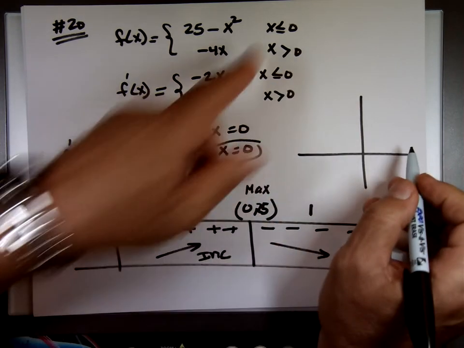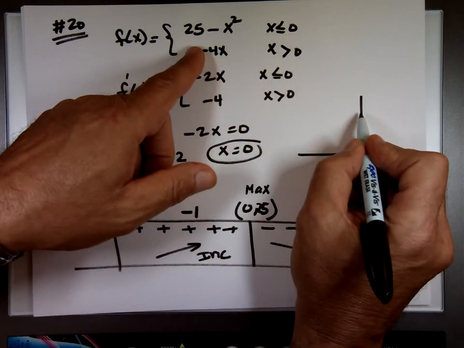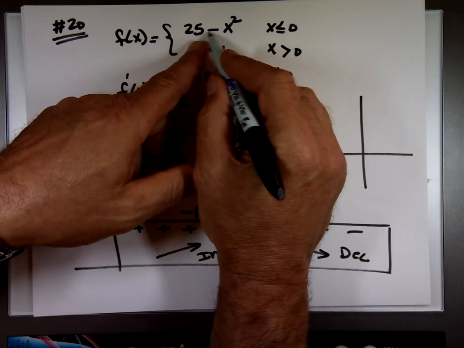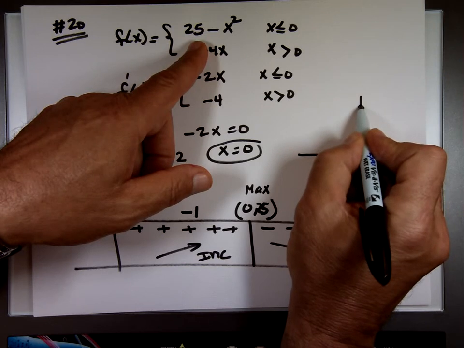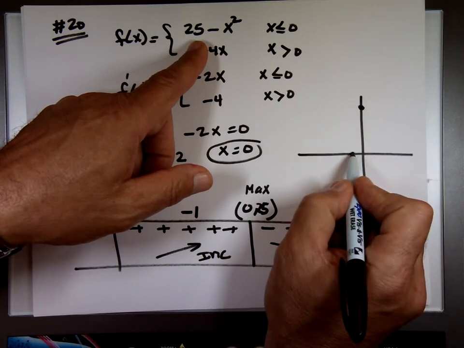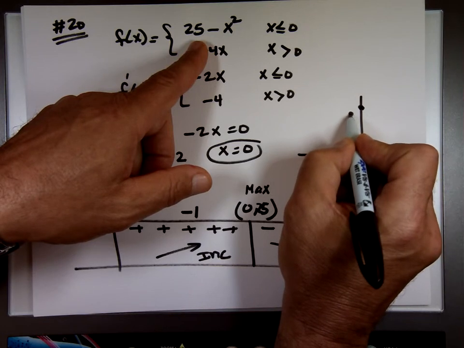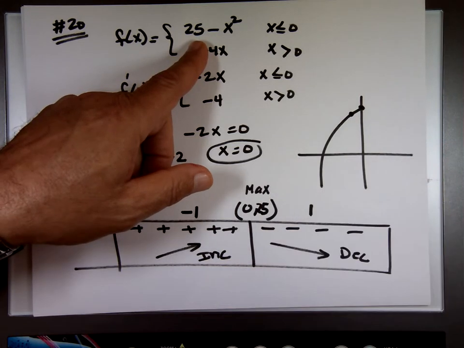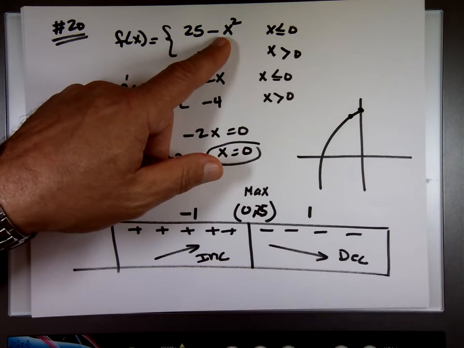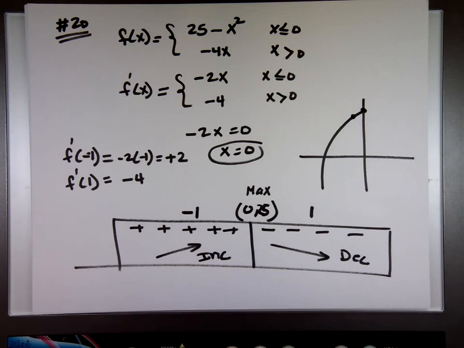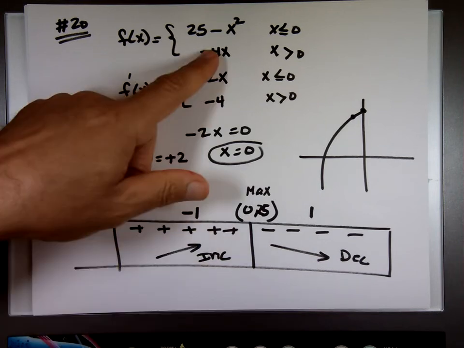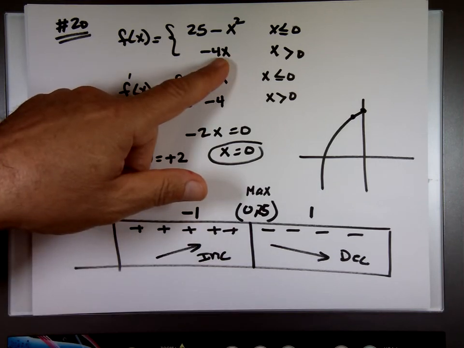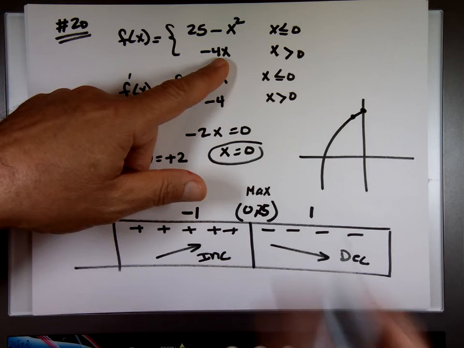X is less than 0. Well, when x is less than 0, that's 25. When x is minus 1, that's 24. So the graph looks like this. Parabola, concave down. When x is greater than 0, like 0.1, what's negative 4 times 0.1? Negative 0.4, right? Because pick a value for x.